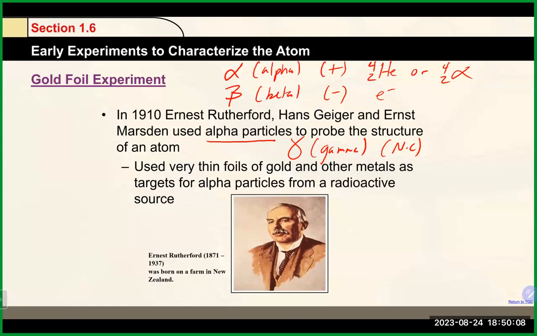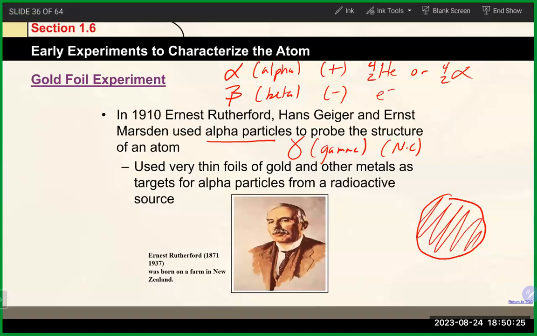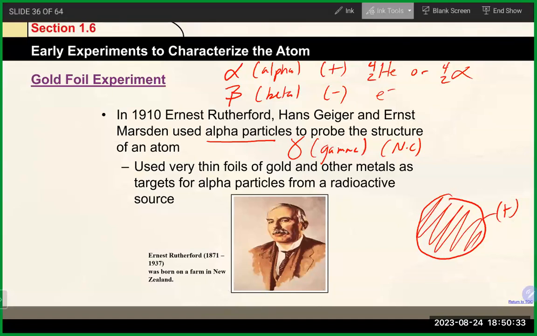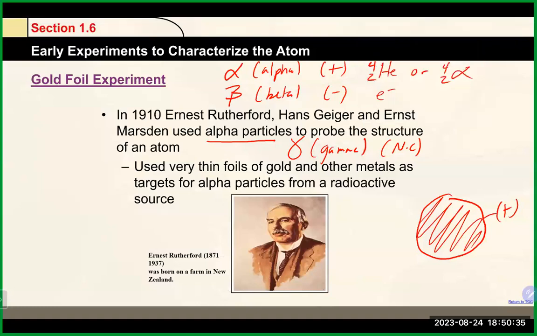So what Rutherford did was he took pieces of gold foil and other metals, and he shot alpha particles at it. He had this idea of the atom that Thomson came up with, the plum pudding model, where we have all this positive charge spread out, and our electrons embedded inside.